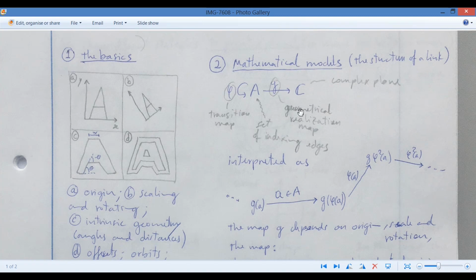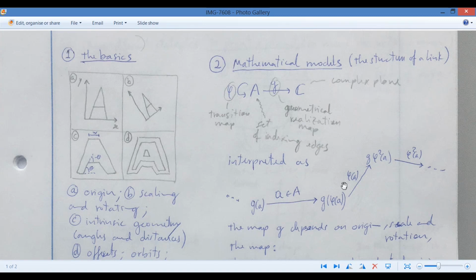And a geometrical realization map, which actually gives the coordinates to each starting point. So it is interpreted like this: an abstract element A in the set of indexes, which can be number 1, 2, 3, etc., is interpreted as an arrow starting at G of A and ending at G of phi of A. That's how the whole structure is connected.